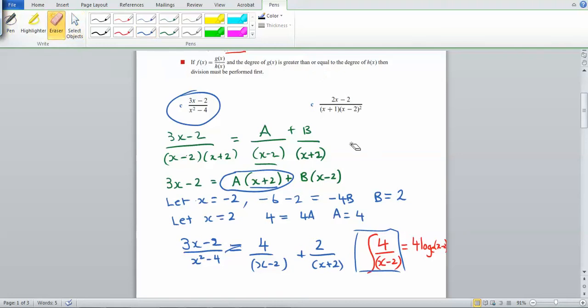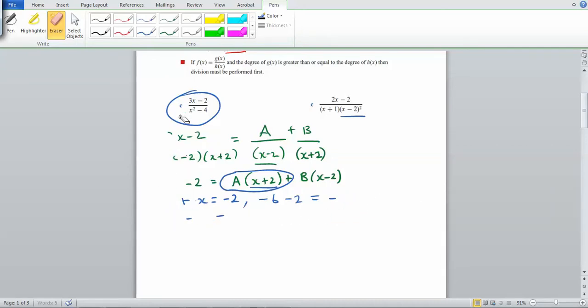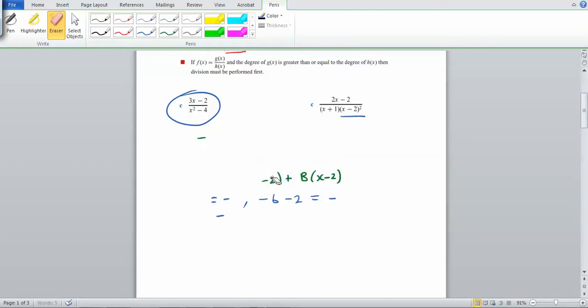Now, the problem on the right is not exactly the same as what we've been doing. Here we have a repeated factor. Whenever we have a repeated factor, in other words a square, so x minus 2 squared, we need to use case 2. We have a linear factor for the x plus 1, and we'll have the repeated factors for x minus 2.